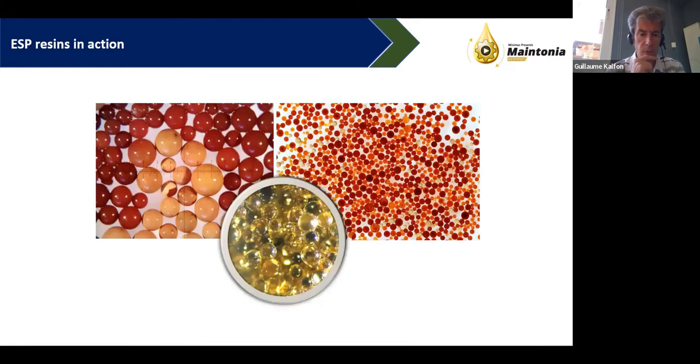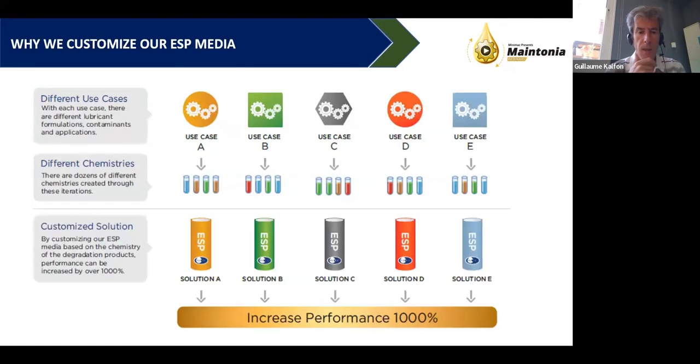These are other photos of fresh resins and spent resin, saturated resin, which means that it has captured all the varnish that it can. Then we change it and we let it keep doing its job. A big part of all this is to choose the right resin blend mix.